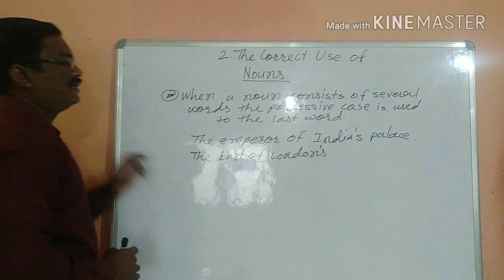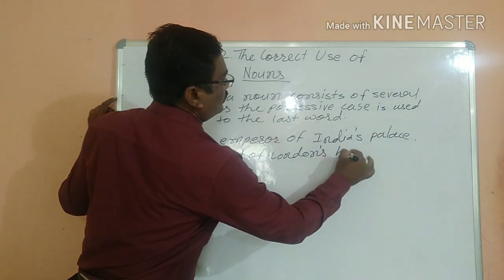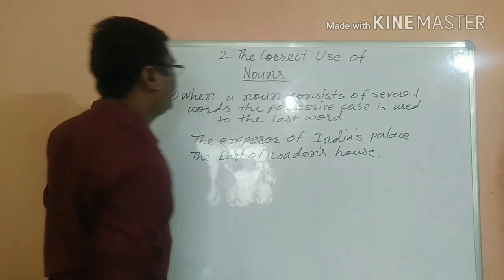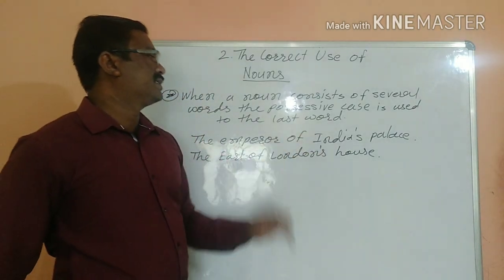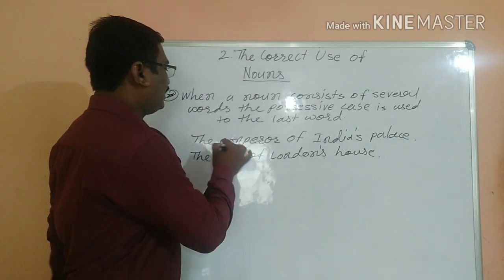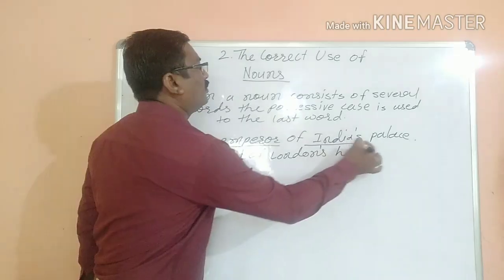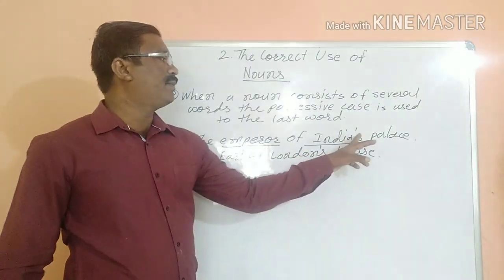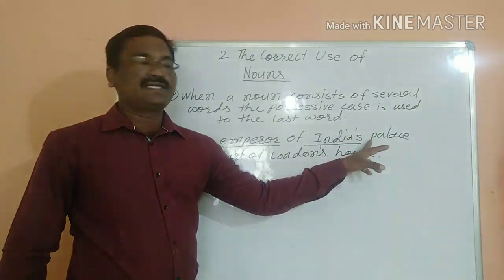The Earl of London's house. Just see, the Emperor of India's. This one name has several words, so it will take apostrophe s on the last word.